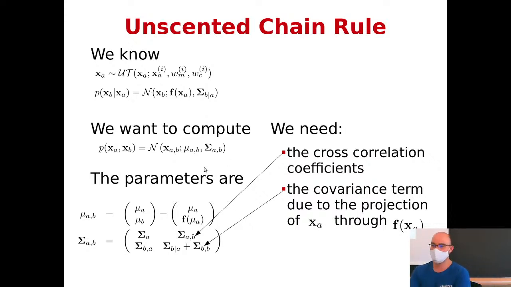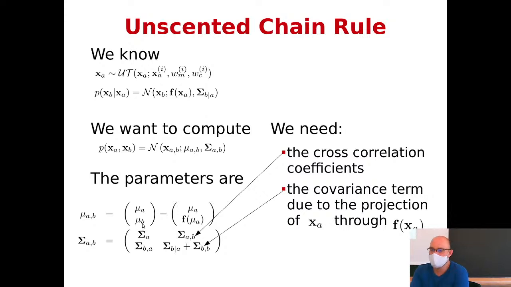Now, it's quite reasonable that the mean of the joint distribution will consist of a vector composed of two blocks. The first block will be the mean of this distribution over here, so the mean of xa.